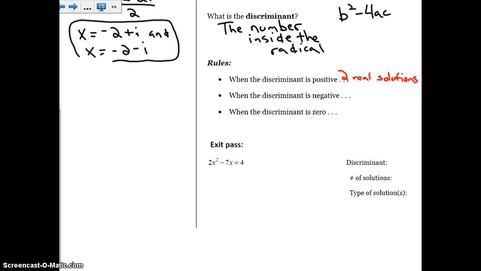When the discriminant is negative, like in our previous example, there are 2 imaginary solutions. And if you ever get a problem where the discriminant is 0, that's going to be where there is 1 real solution.